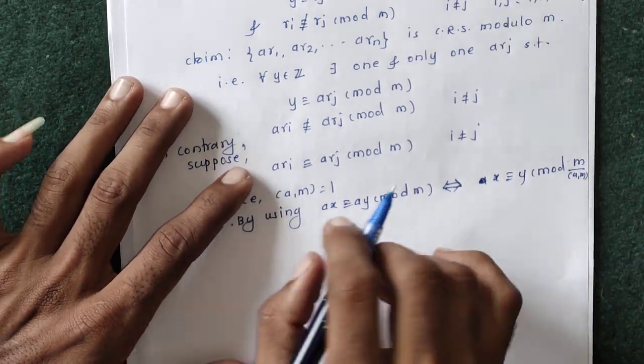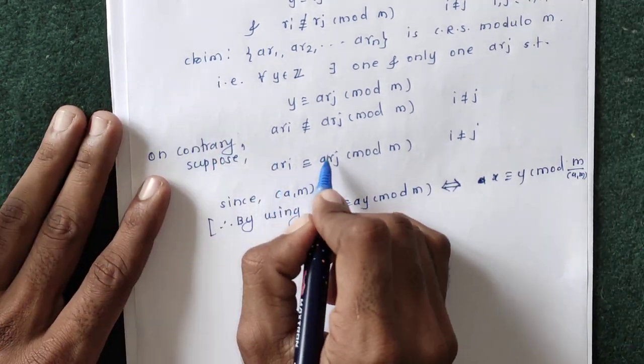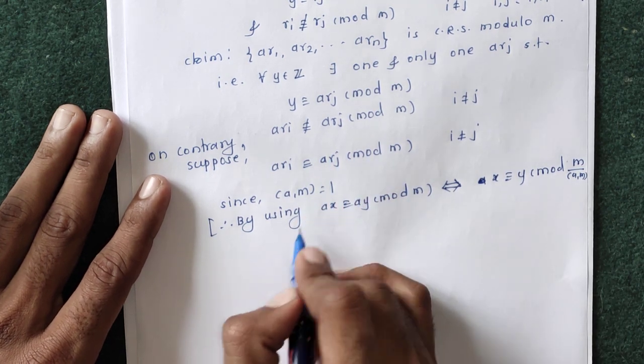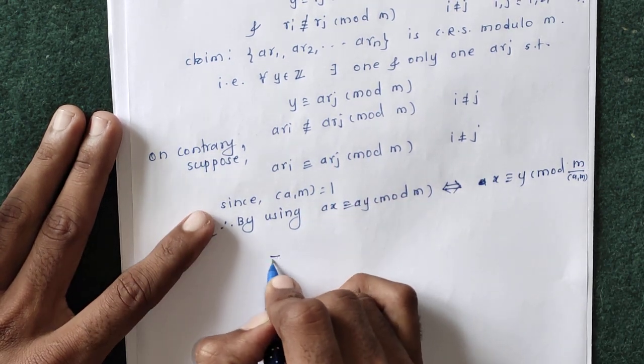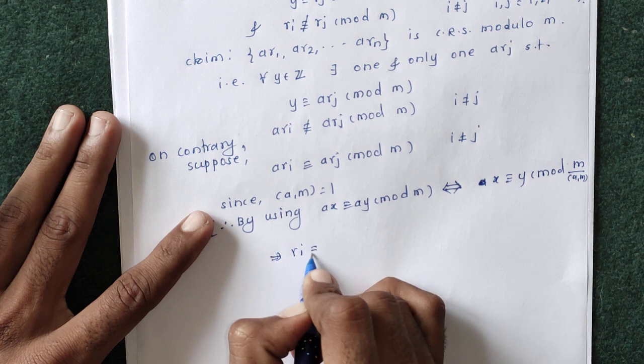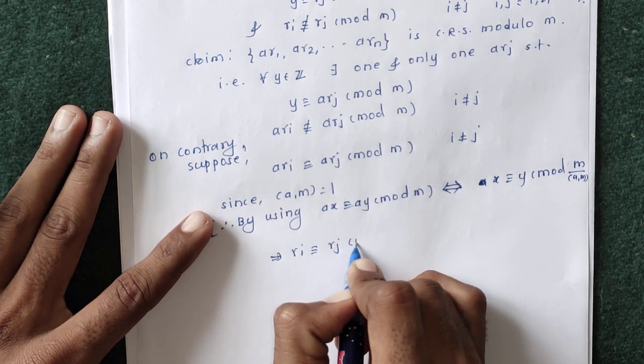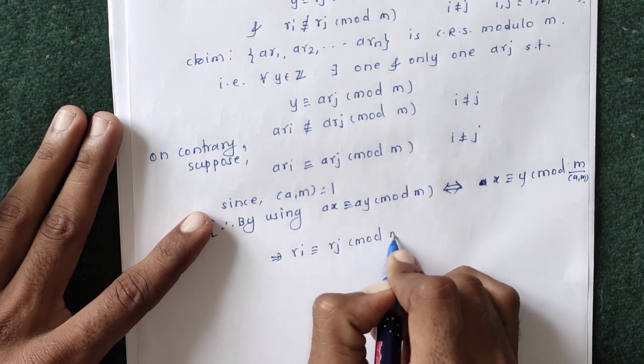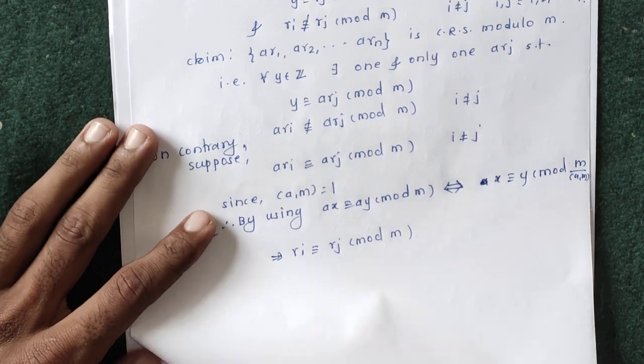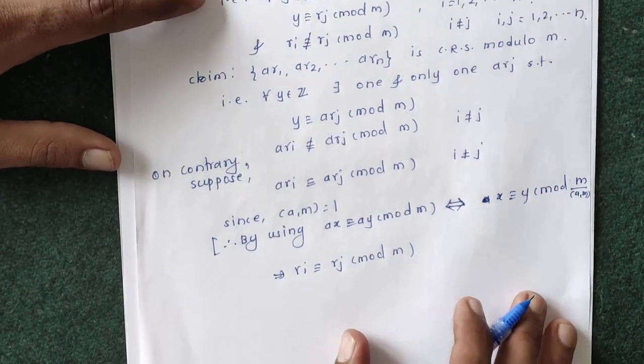Using this result, we can write that Ri is congruent to Rj modulo m.